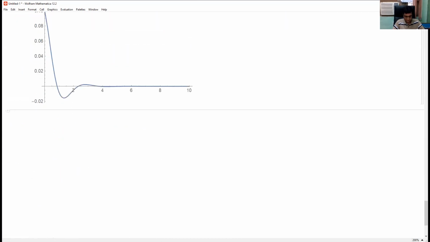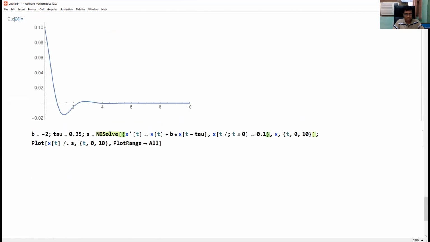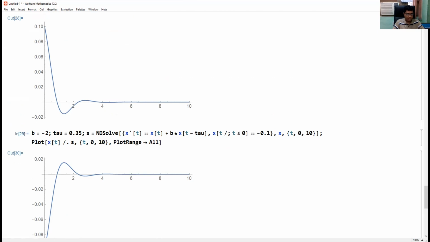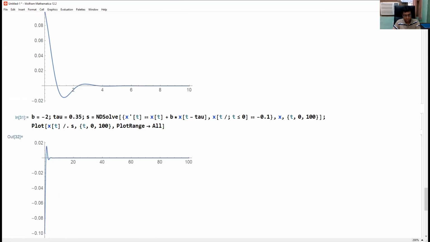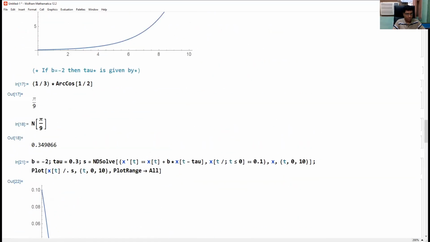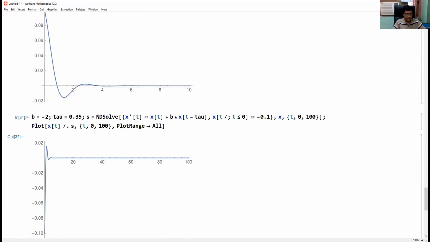Let me take another initial condition, say minus 0.1. Still it is showing this thing. That means there are some solutions which are unstable. So let us take say 0.4 and check 0.4.